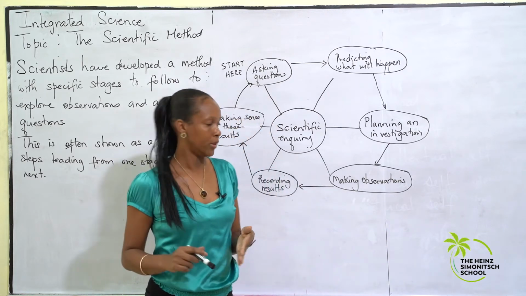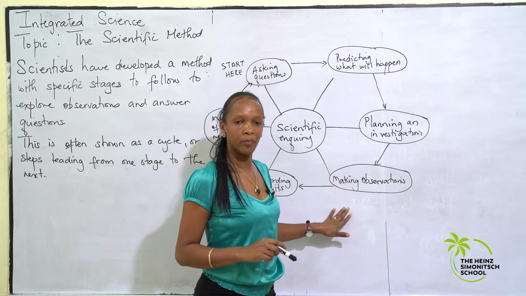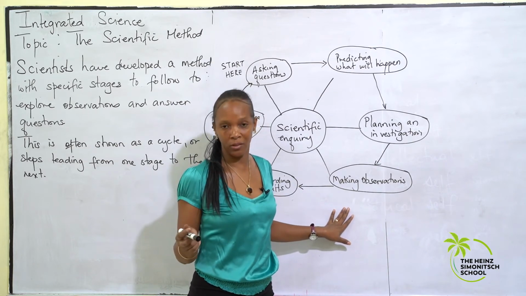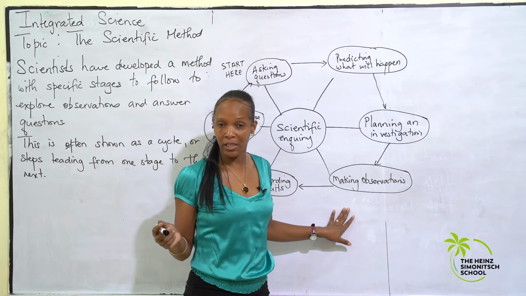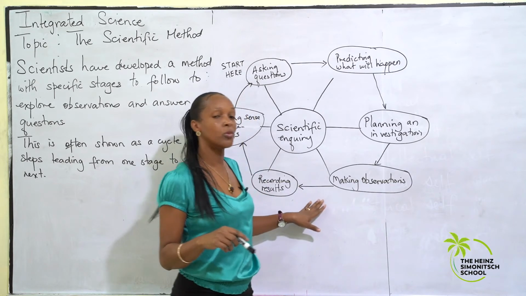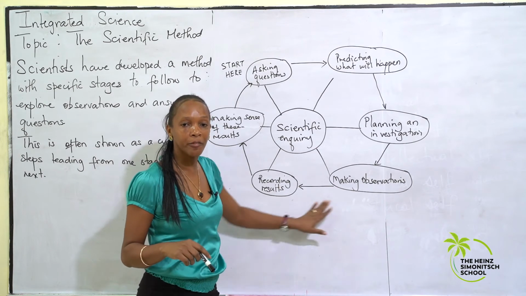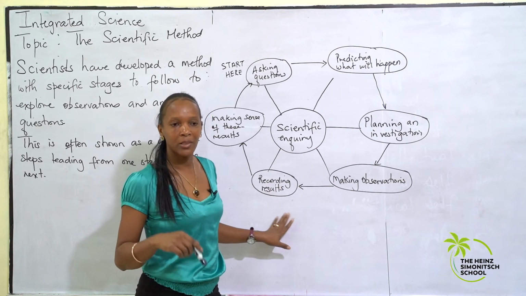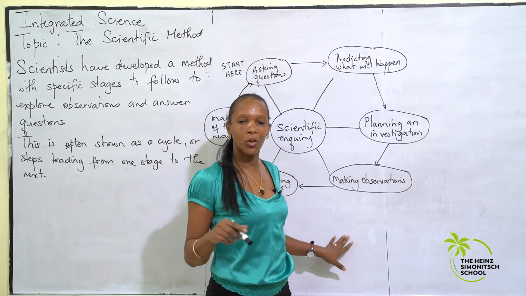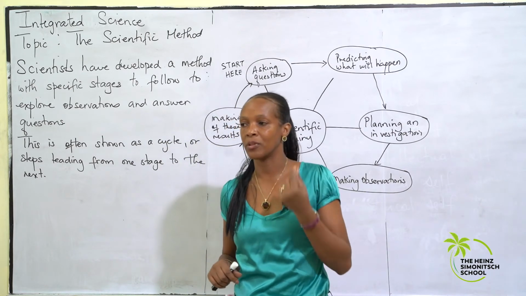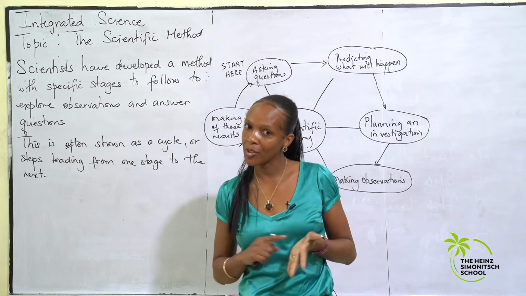You write it down. Day two, you look at it. You give it some water. Do you see anything happening? You write it down. So you're recording as you're observing, right? So day three, you go back. You see a little thing, a little sprout. You write it down.